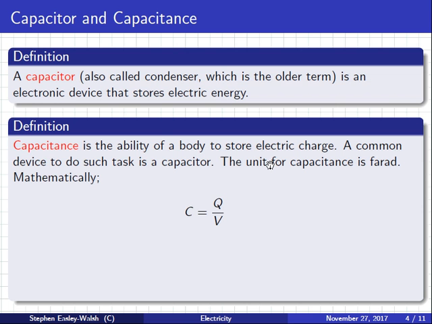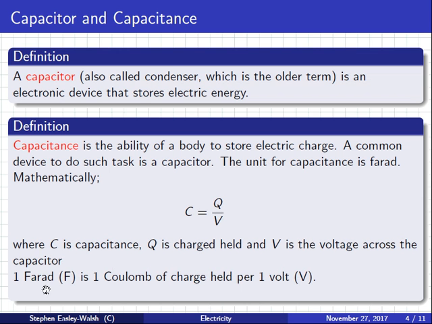Mathematically, capacitance is charge divided by voltage. So each coulomb per volt, that's one unit of capacitance called a farad. So in other words, 1 farad is 1 coulomb of charge held for every volt that you have.